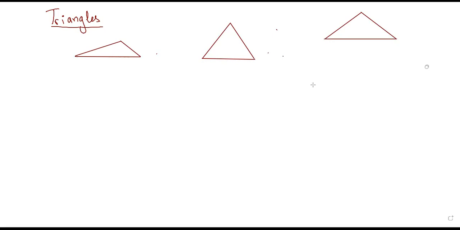And this is the third type. Okay. This is the scalene triangle. This one is equilateral. And this one is isosceles. Okay, and I'll tell you what exactly do we know about this.